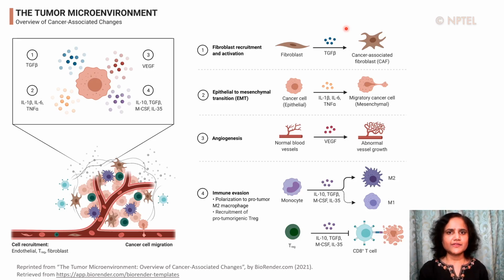TGF-beta acts on the surrounding stromal cells, immune cells, endothelial cells, and also smooth muscle cells. You can see in many of these it's playing a role. And it causes immunosuppression and angiogenesis, which makes the cancer even more invasive.